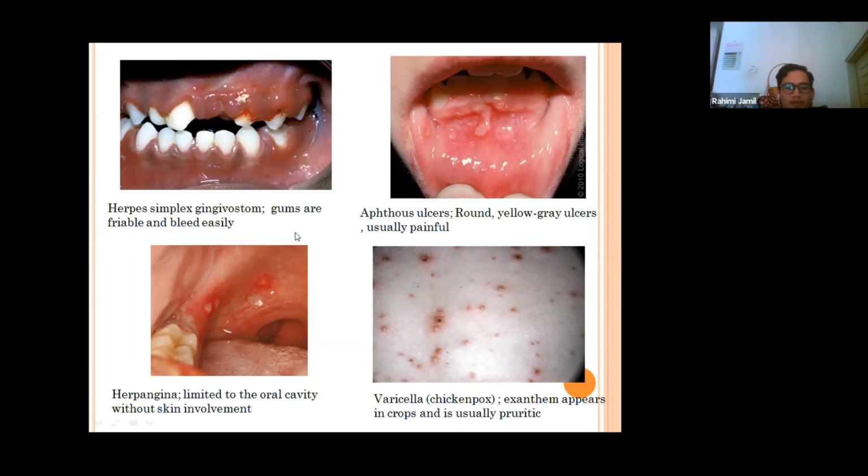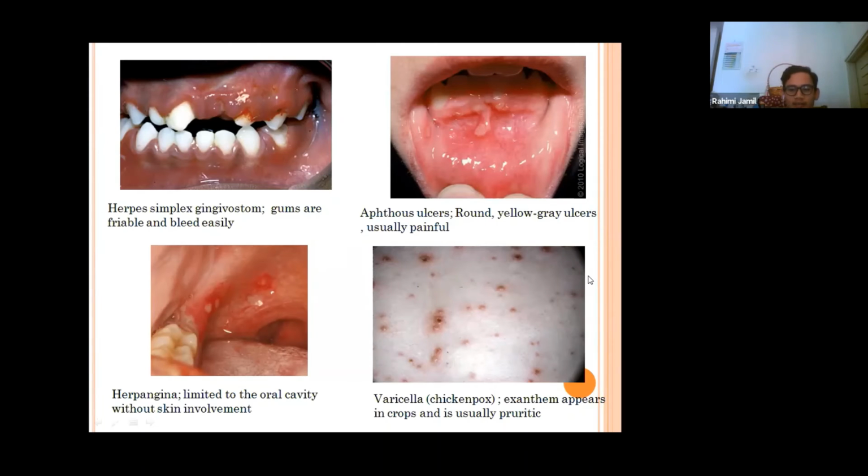To differentiate between these two and HFMD, usually in herpes simplex the gums of the patient are febrile and can bleed easily, while in aphthous ulcer, the ulcer is usually painful, round, and has a yellow-gray appearance. For herpangina, the ulcer is limited to the oral cavity only, without any skin involvement, without any exanthem lesion.